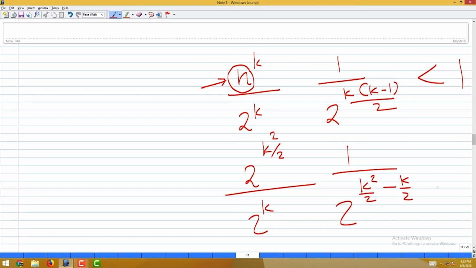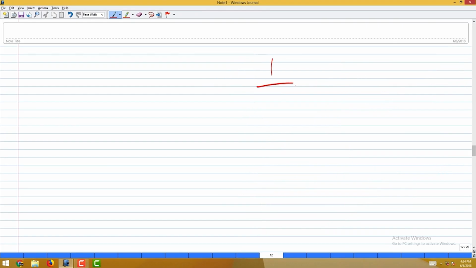I want to check for n equal to 2 raised to k by 2 whether this is working or not. Then this will cancel, and 2 raised to k minus 2 raised to k minus 2. So finally this will turn out to be 1 by 2 raised to k by 2, which is less than 1, is what we want. And I already assumed k greater than or equal to 4.